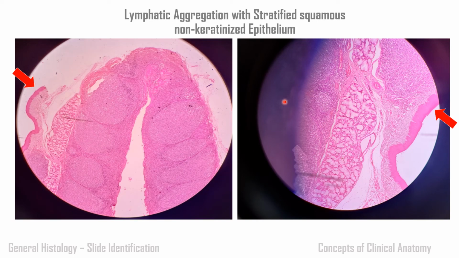See, this is the lymphoid aggregation. Either you will get a slide like this or this view. Here these are the lymphoid aggregation. Then in addition to that, these red arrows are showing the areas of epithelium, that is the stratified squamous non-keratinized epithelium.